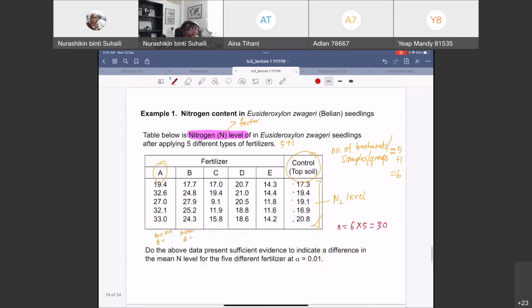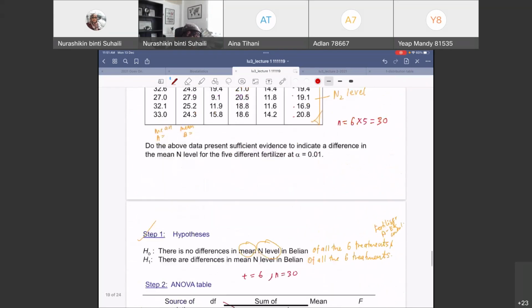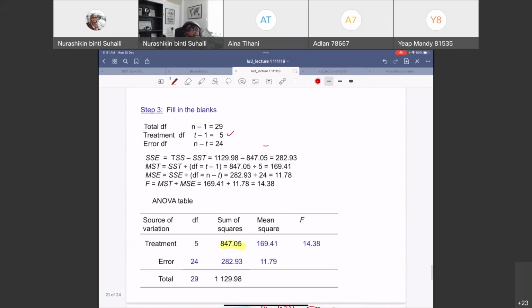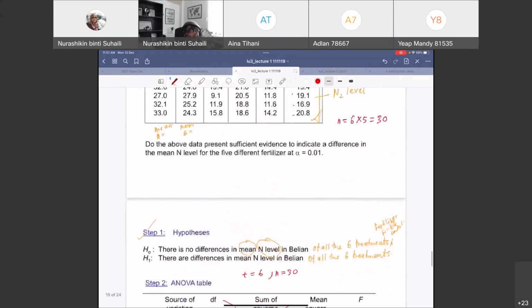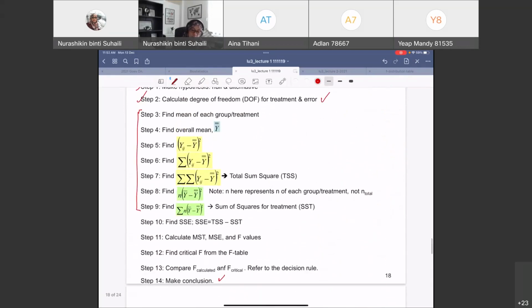The number is not really the same, because here it's just a simplified one. You see here step 6 is conclusion, but to complete all this stuff, here we include all the things inside, which is the summary table.